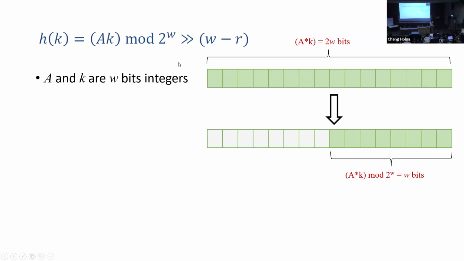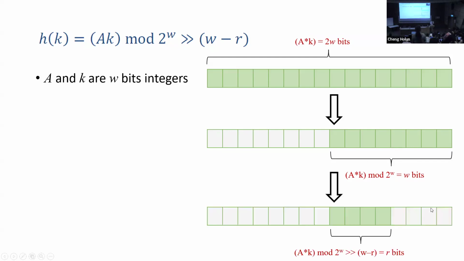And I still don't want w bits. I only want r bits. So I want to erase that by dividing, by shifting w minus r bits. Shifting means I will shift the bits to the right, and anything on the right side will be erased. So lastly, I will remain with a number that's r bits.